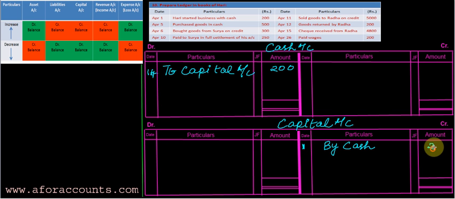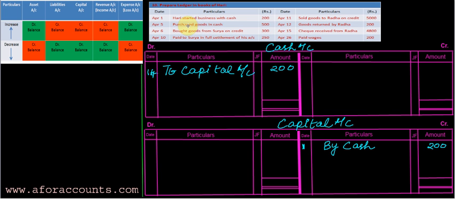It will be 200. Okay, so the first entry is posted, and you can see that you have done a correct posting because one side is debit, other side is credit. Cash account is debiting and capital account is crediting. So this entry is correct.